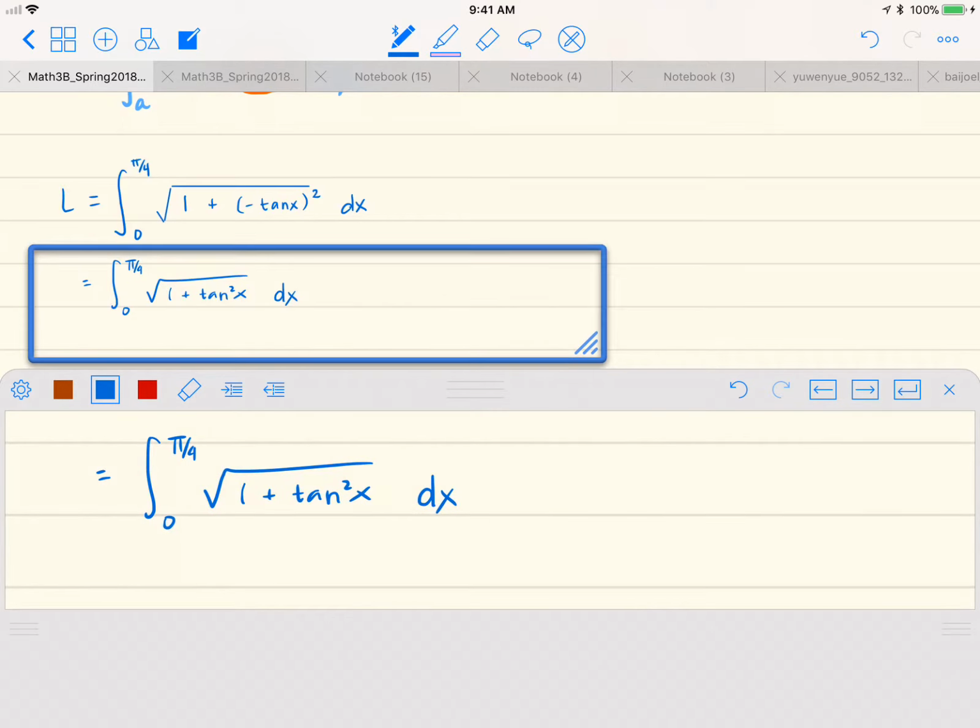Now here's where we're going to actually use a Pythagorean identity, which says that tangent squared x plus 1 equals secant squared x.